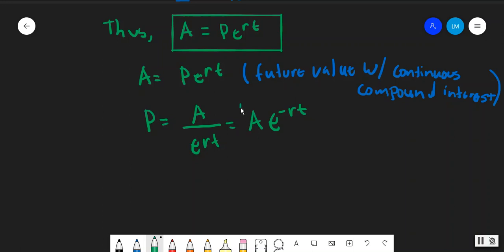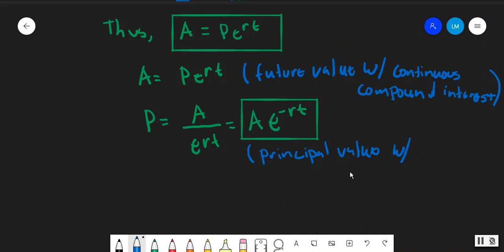This gives me another formula. This is the principal value with continuous compound interest.